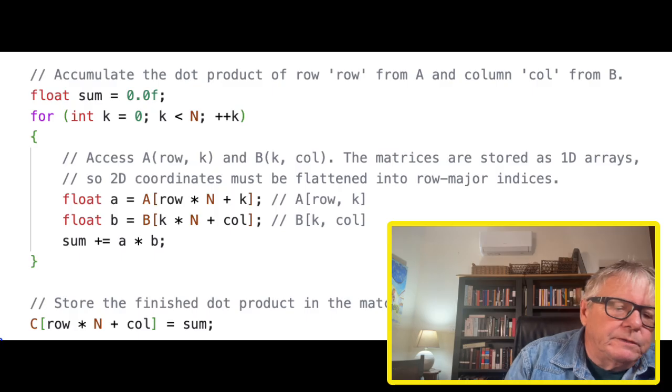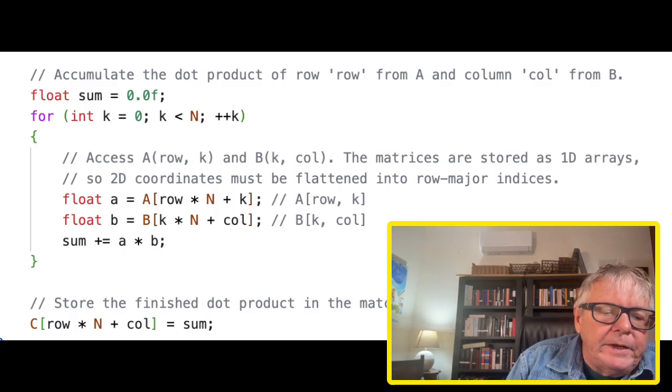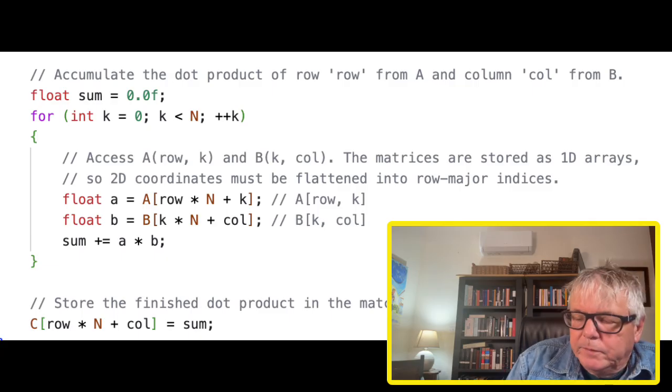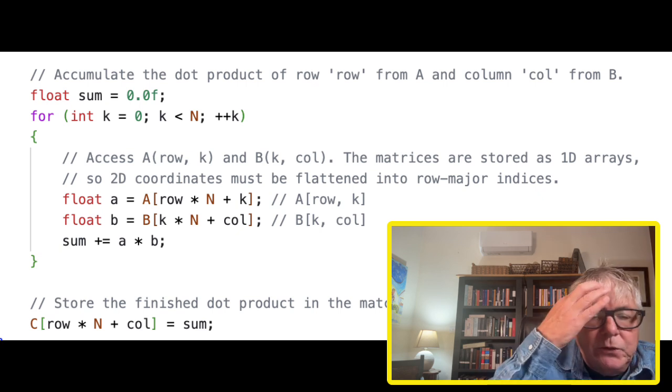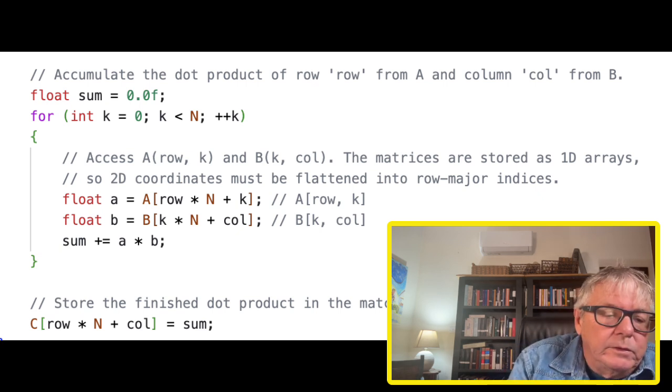We just iterate over n, going from 0 to 2, so that's 3 times, incrementing the iterator. Then we plug into A the row times n plus k.